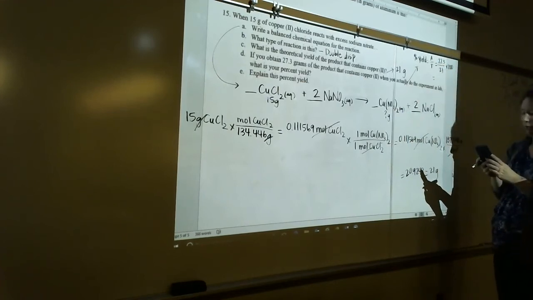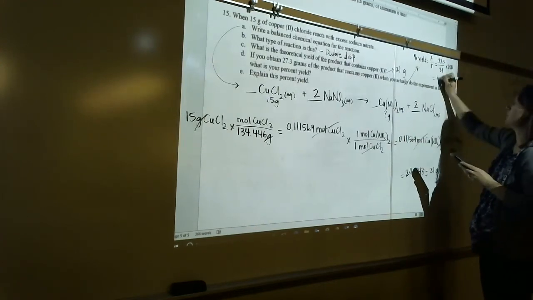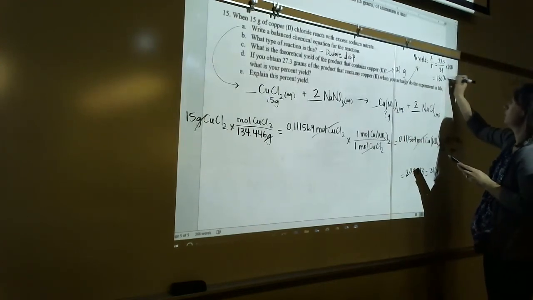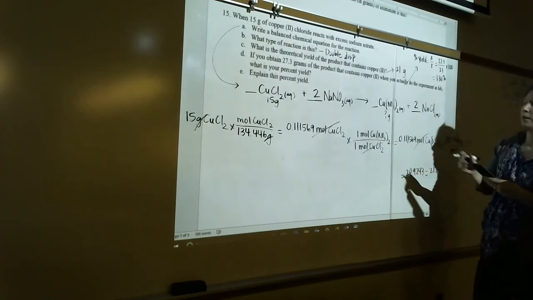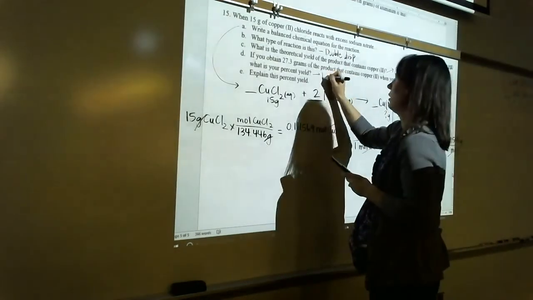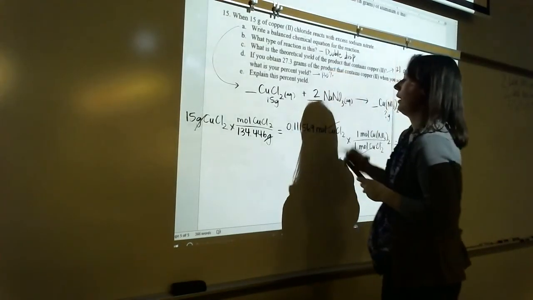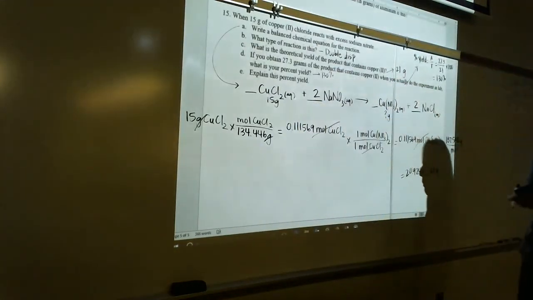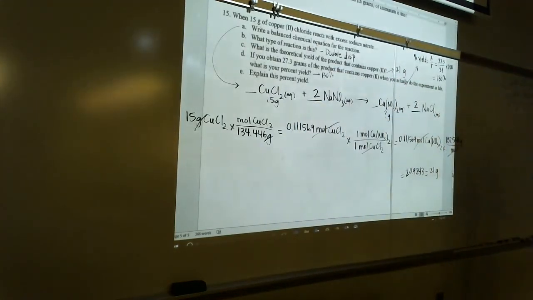So 27.3 divided by 21 gives me 130%. So how would you explain this? It's not possible to have a percent yield greater than 100, right? The max value it should be is 100. So what happened? Some sort of experimental error happened.